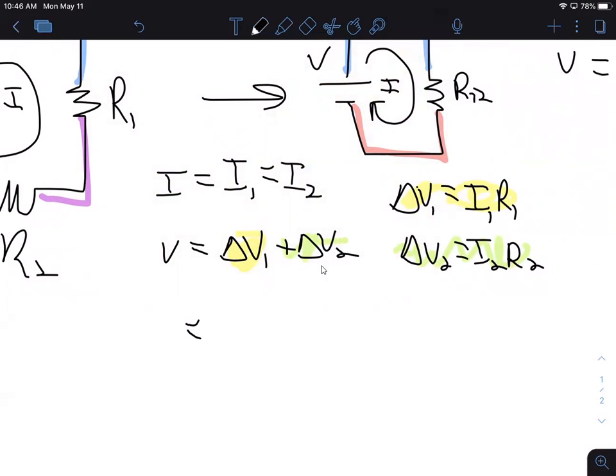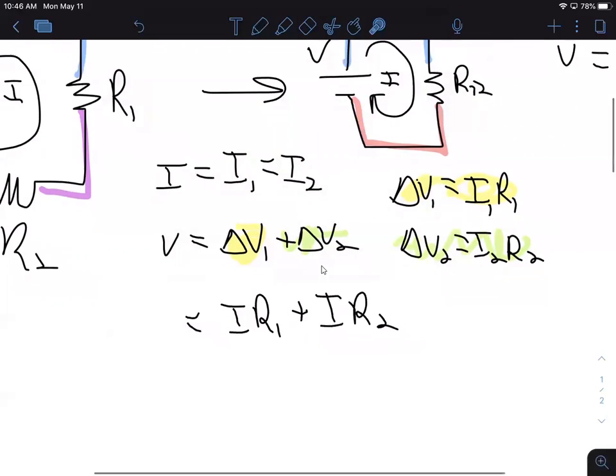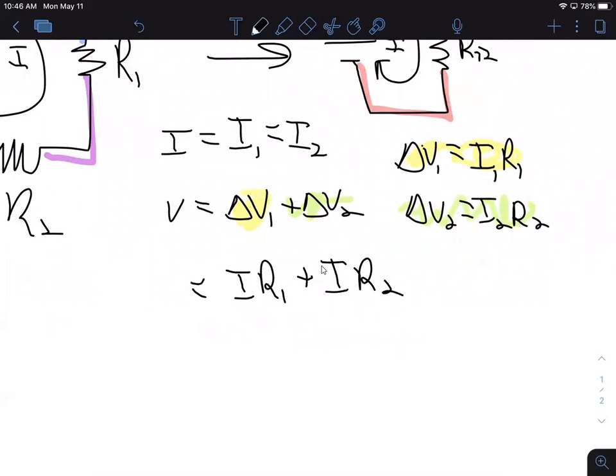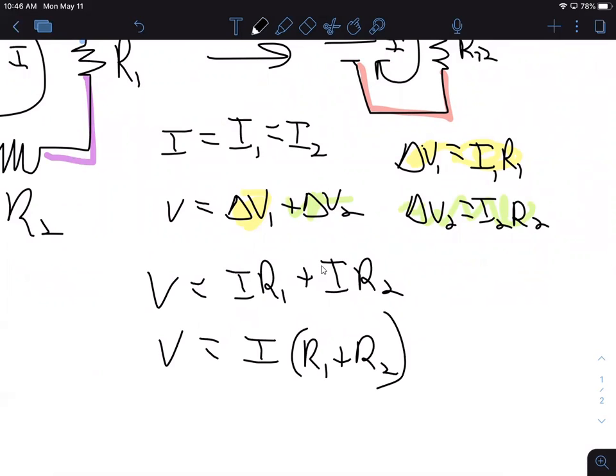And let's see what happens. So I get I R1 plus I R2. And I've dropped the subscripts on these I's because, as I said, they are equal to each other. So now I have V equals I R1 plus I R2, so I can just call that V equals I(R1 plus R2), a little distributive property here.